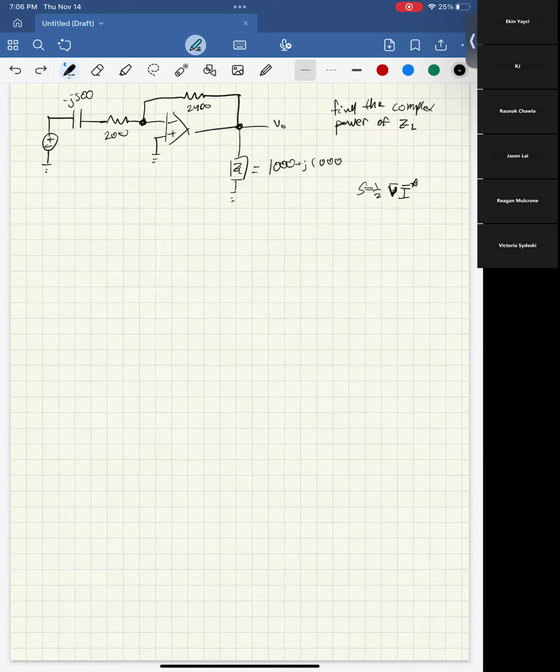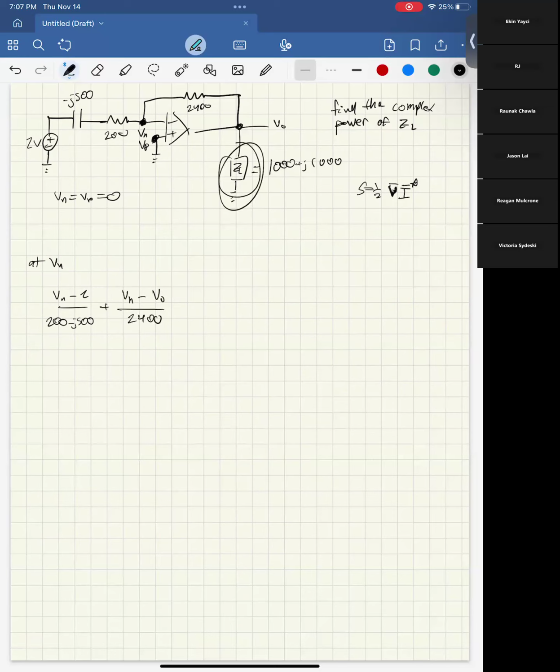So if I call this Vn, this is Vp, Vn equals Vp equals 0 because it's an op amp and this one is grounded. Then at Vn we have Vn minus 2 volts, so Vn minus 2 over 200 minus J500, that's just the sum of these two, plus Vn minus V out over 2400.